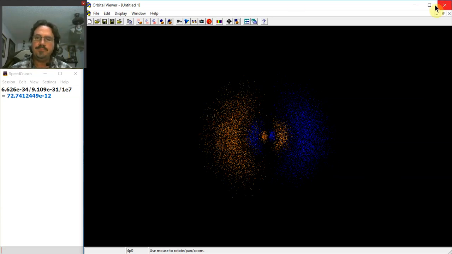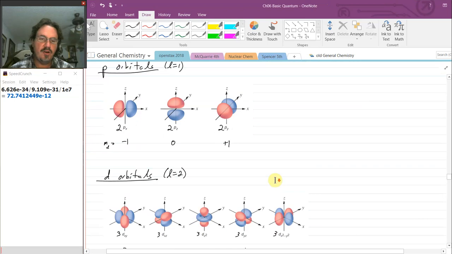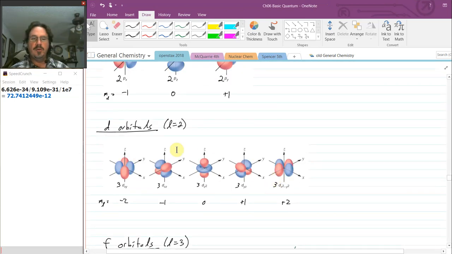Okay. Let's get this way. The d orbitals. Here's the book's view of the d orbitals. For the most part, like I said, they have 4 lobes. So the s has 1 lobe, the p's have 2 lobes, the d's have 4 lobes, doubles each time. And there are 5 different orientations of that. We talked about that before. The number of orientations increases by 2 each time.